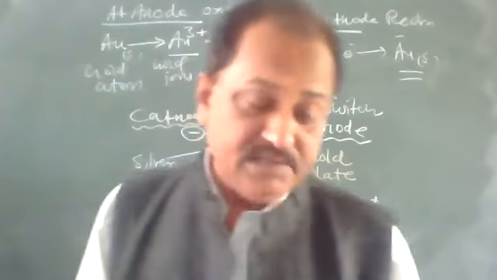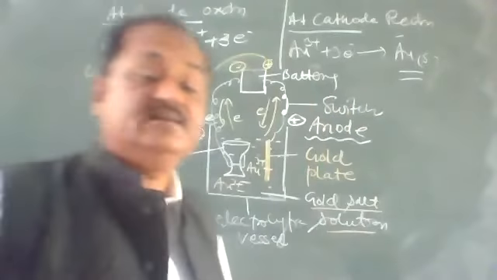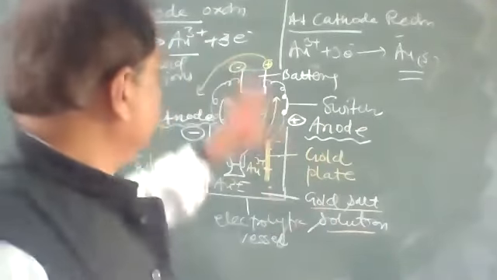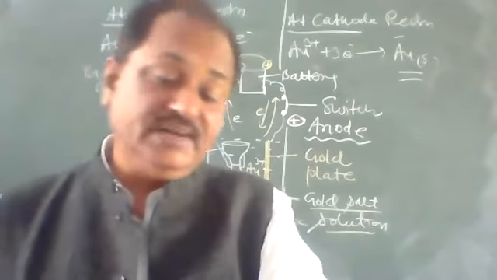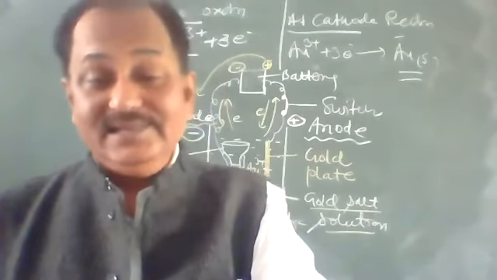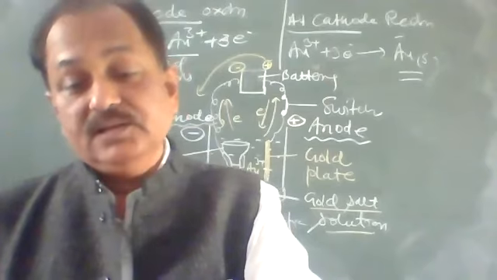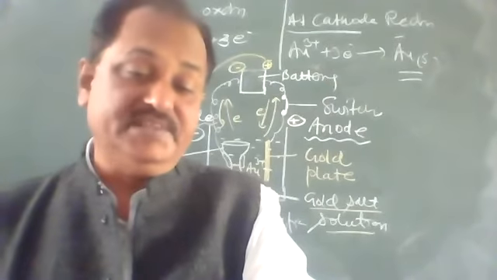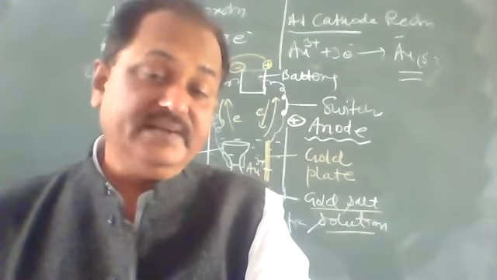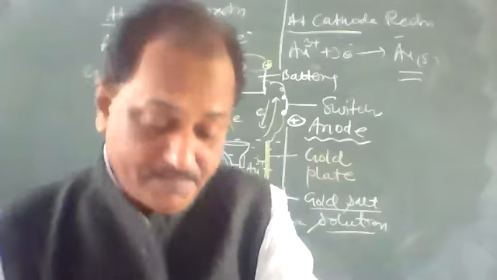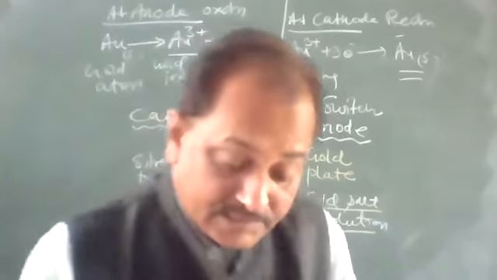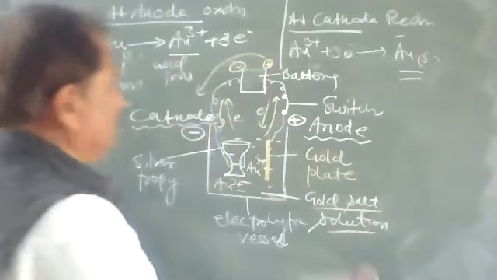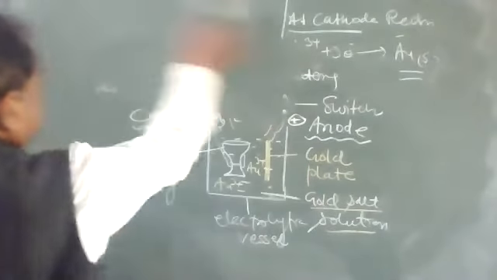Gold atom will be deposited slowly and slowly. So this is the electroplating. Electroplating is done for different purposes.